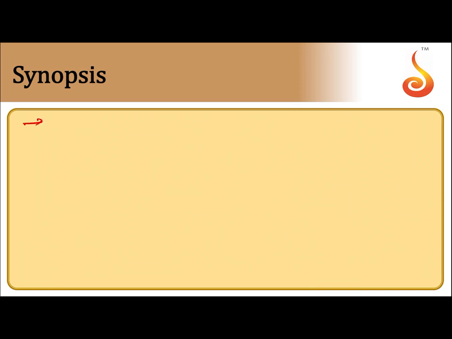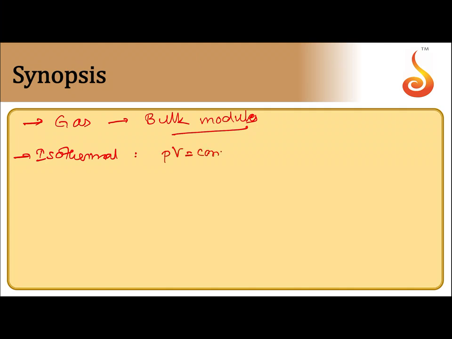Let us consider one more example. Suppose I consider a gas, and a gas possesses bulk modulus, because most of the times it is the change in the volume. Let us see what is the bulk modulus for a given gas for different processes. For example, let us assume that it is an isothermal process. For isothermal process, PV is constant.